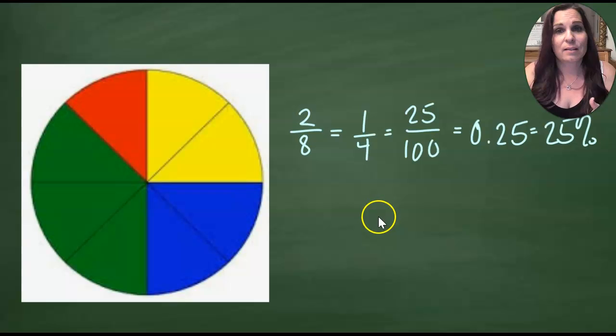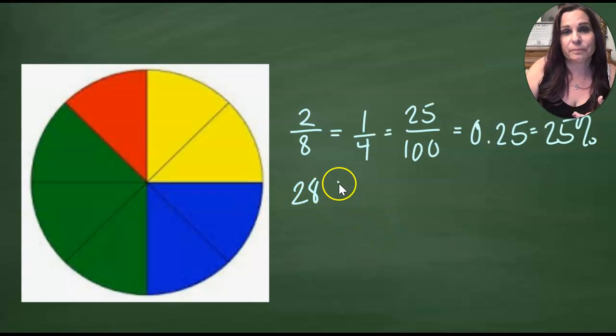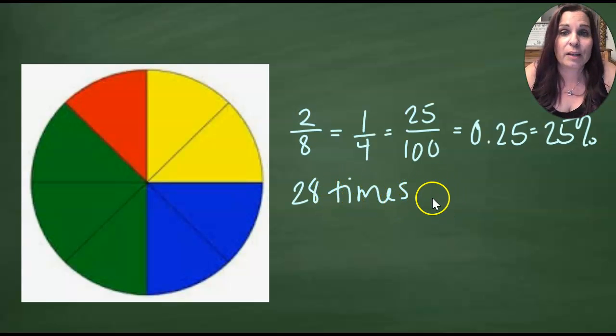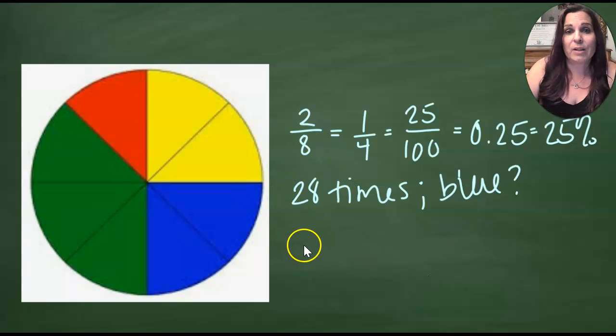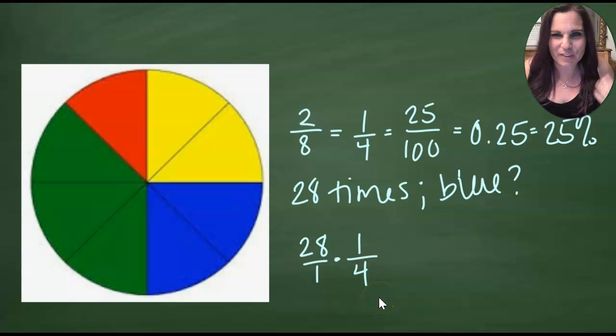So like I said, if I spin this spinner 28 times, how many times will it land on blue? Well, I know that it's supposed to land on blue 1/4 of the time, right? So I could multiply 28, and I'm going to make it over 1 because I'm multiplying by a fraction. So I like them both to be fractions.